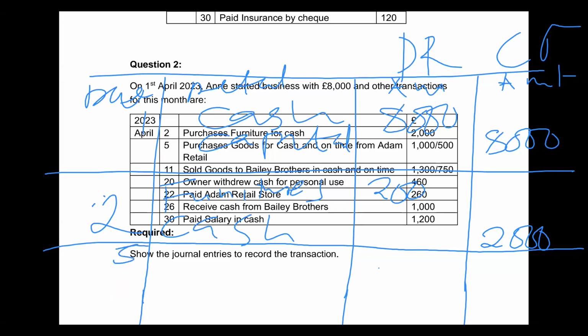What I've written is purchase to cash, so I don't understand what I've written now. But I understand how the transaction worked. I just don't know the detail. The 500 on time to Adam will be credited because we are giving. And the goods that we purchased for cash, so the cash account will also be credited because we purchased using cash, you get?